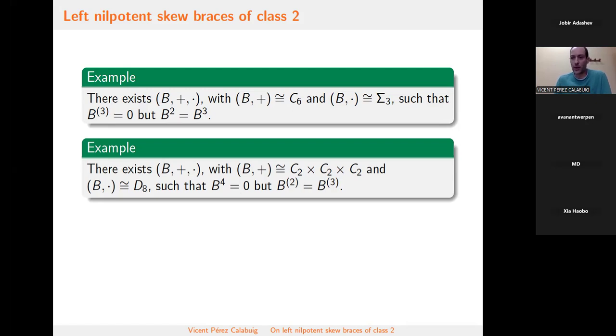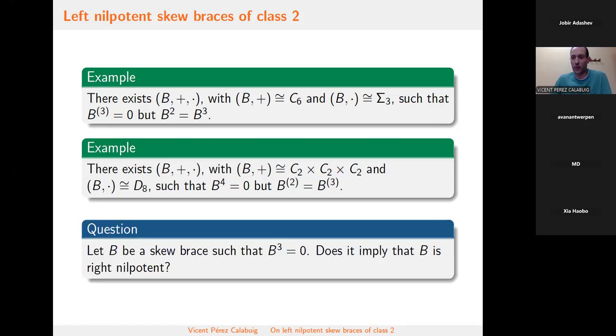So here the natural question is, what about left nilpotent class 2? Does it imply that the skew brace is right nilpotent? This is the starting point of a joint work with Ballester-Bolinches and Kurdachenko.